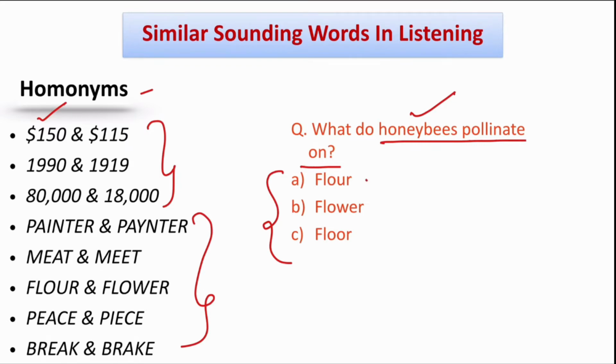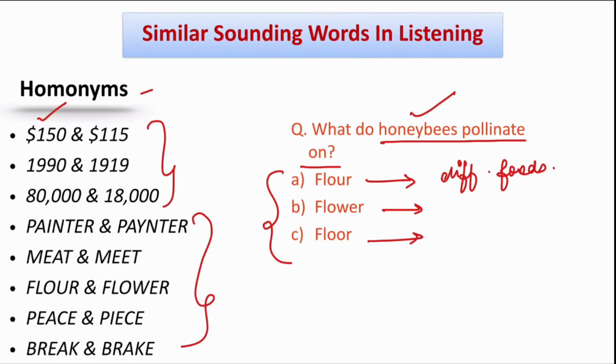So, the first option is flour, which is used in different foods or to make different foods. Then flower, you already know what a flower is, and this is the most likely case, and you can predict the answer that honeybees mostly pollinate on flowers, crops, grains and so on. So this can be your answer. Then the last is floor.